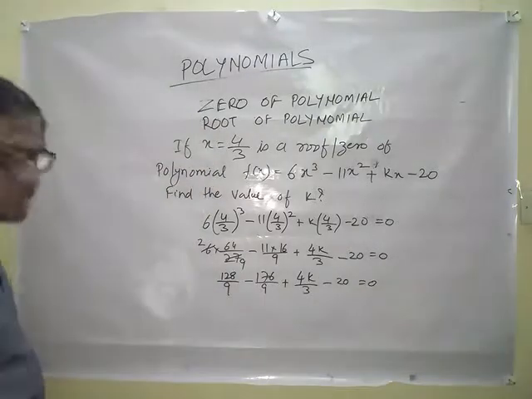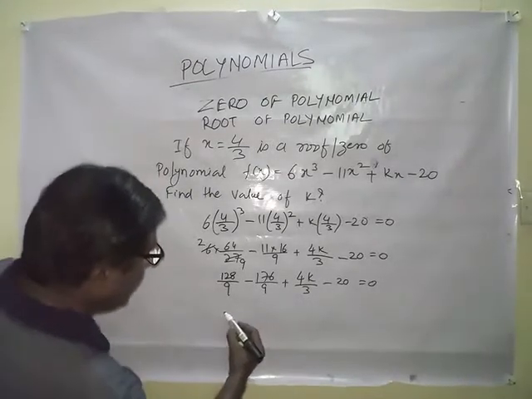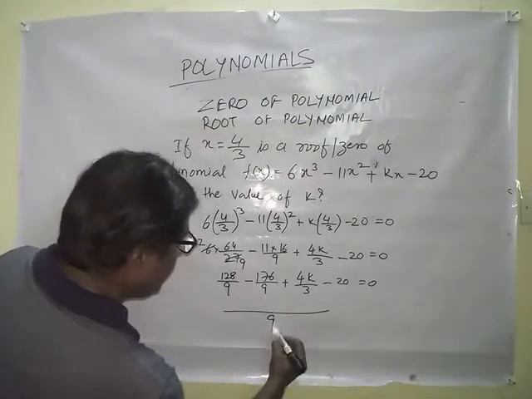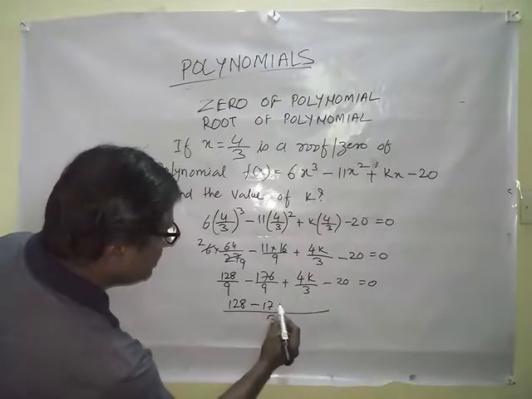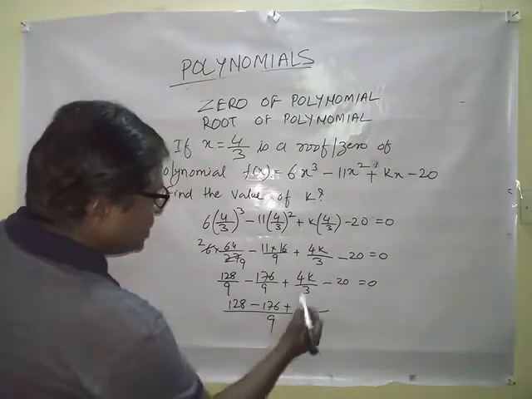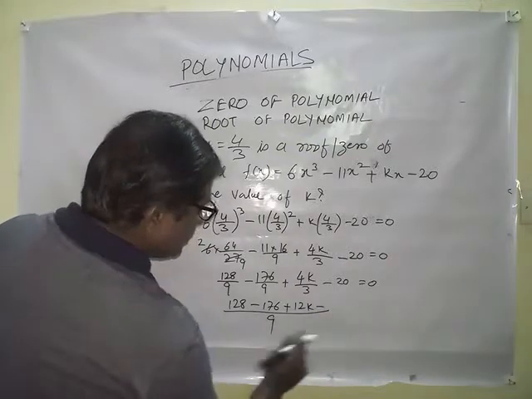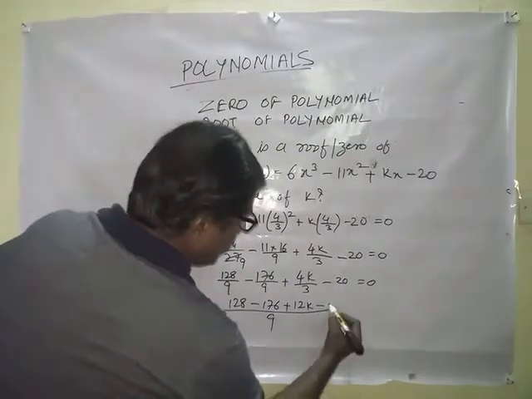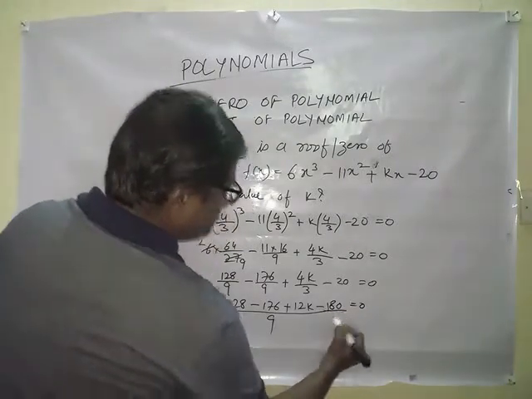Now solve this equation. Once you solve it, 9 will come in the denominator: 128 minus 176 plus 12k minus 180 equal to 0.